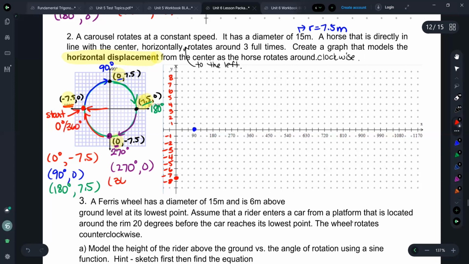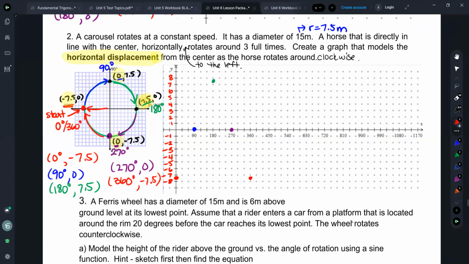So 360 will also end at -7.5. Now this one asks us for 3 rotations, so you're going to have to extend the cycles. So I'm just going to finish graphing here and then we'll do extra cycles. Make sure you're in between 7 and 8, each of these.